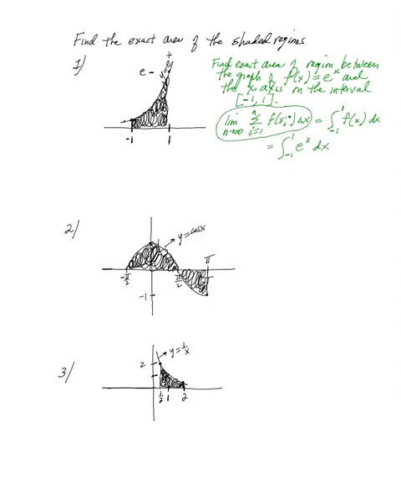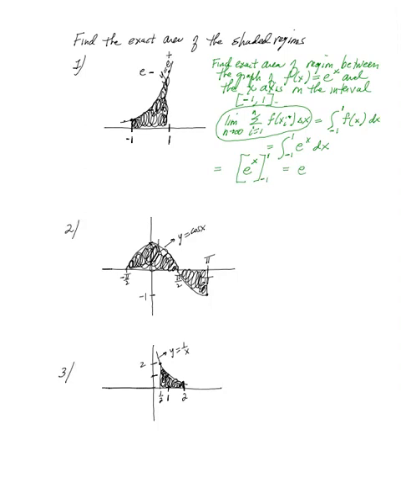But we learned the shortcut. We don't actually have to do the work of finding the limit of a sum. We can use the fundamental theorem of calculus. That tells us to anti-differentiate e to the x. So the antiderivative of e to the x is e to the x, and evaluate that at the endpoints.